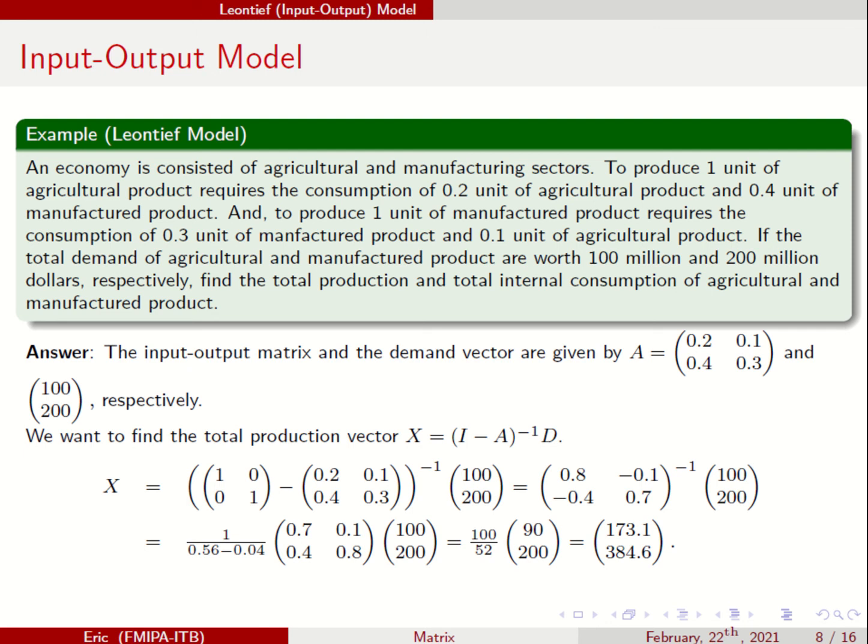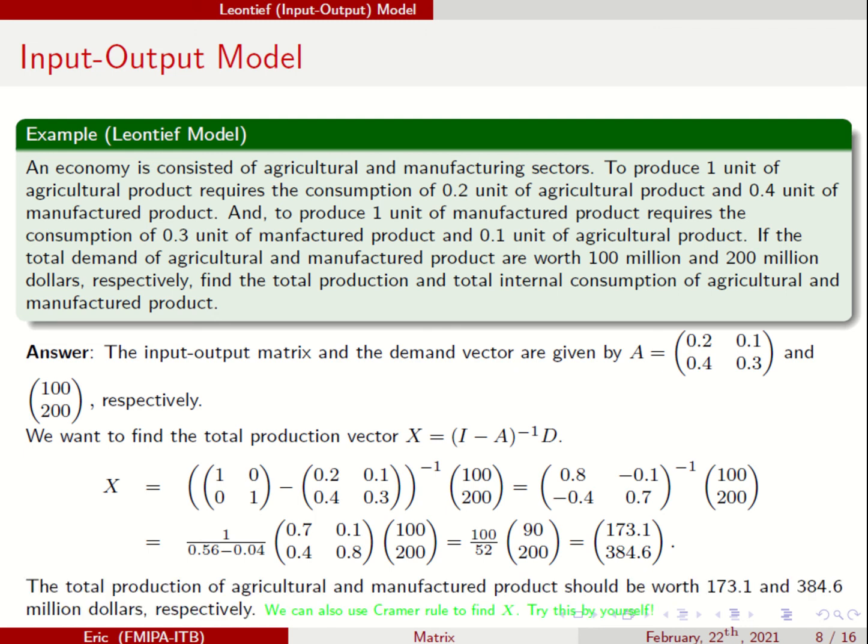So you have this and this. This means X, the total production of agricultural products is this million dollars, and the total production of manufactured product is this million dollars. So this one, yeah. You can also use Cramer's rule to find X and Y. Don't forget to include the conclusion.